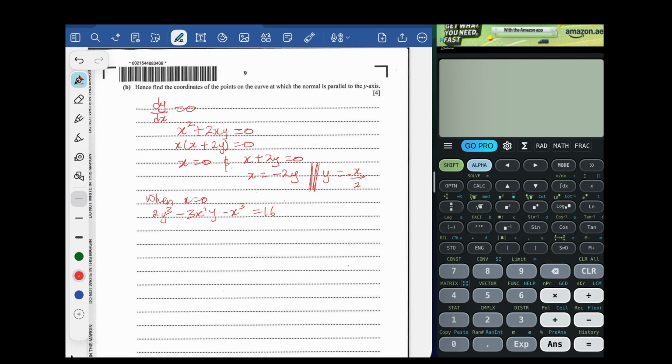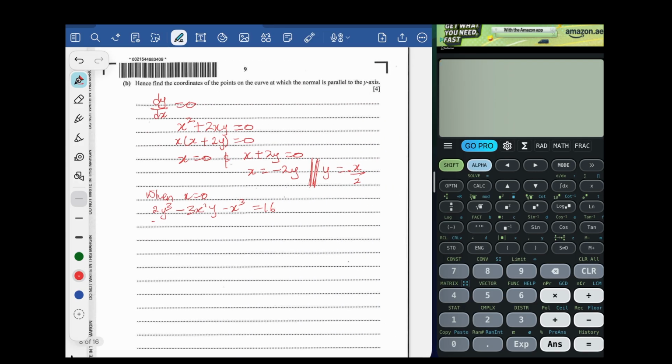Okay, when x is 0, this is 0, this is 0. So 2y cubed is equal to 16, so y cubed is equal to 8. So y is 2. So (0, 2), we have that. So this is one answer.